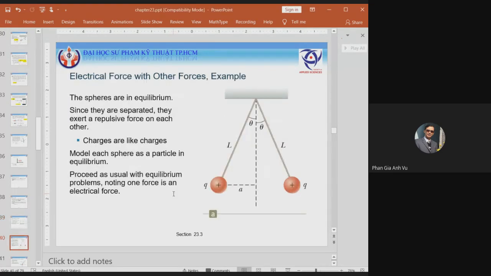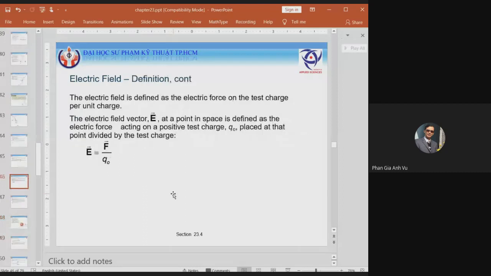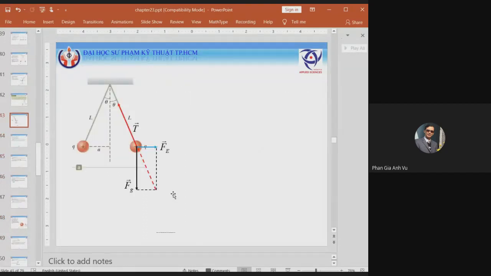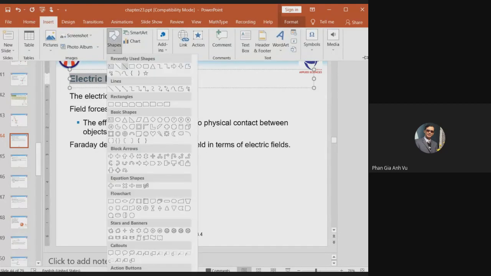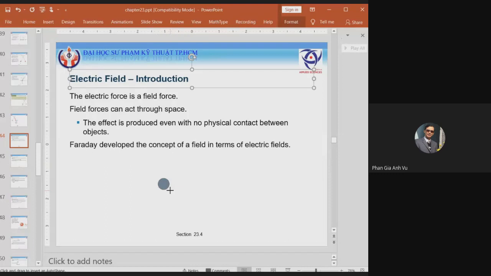Now let's talk about the electric field. What is this? Electric field. So when we talk about the force that acts between the two charges, what happens to the environment or the space around only one single charge? Let's say in the plane here, what happens when I put a charge here?